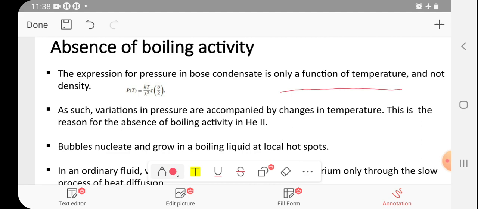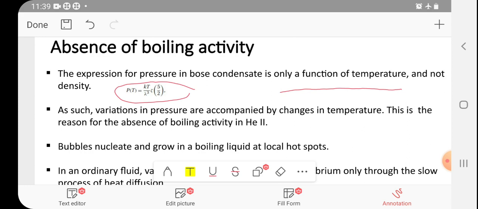You see, for the Bose condensate, this is the expression for the pressure, and this expression shows that pressure is a function of temperature only. On the right side there is no function of the density. So pressure is a function of temperature alone, and pressure is independent of the density.